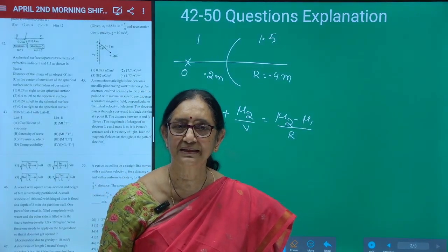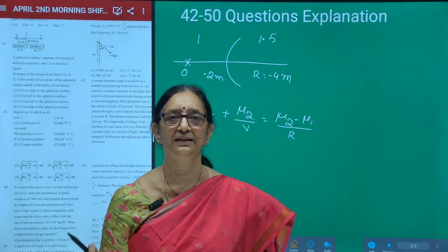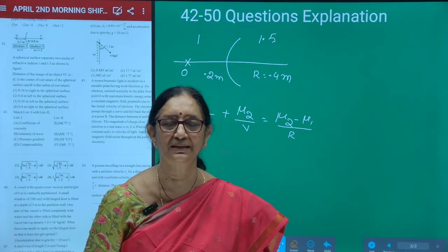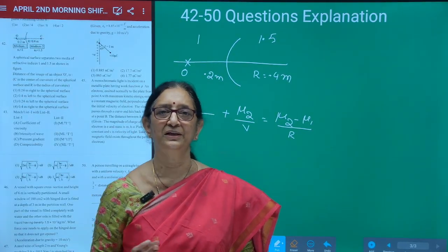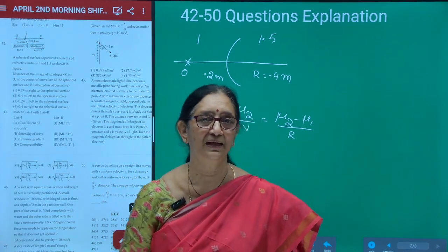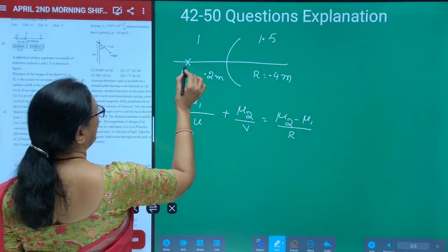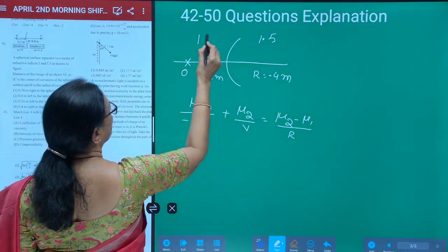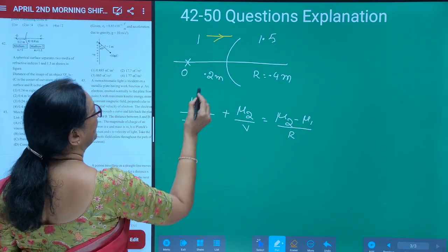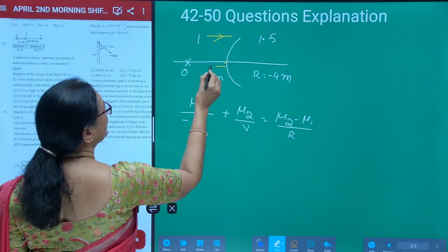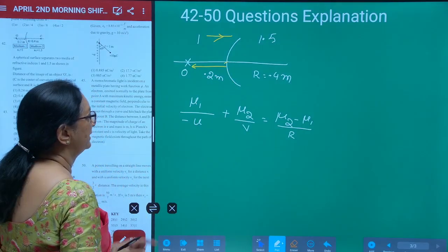All the distances measured in the direction of light ray are taken as positive and distances measured in a direction opposite to the light ray are taken as negative. So, here object is placed here. So, this will be the direction of light ray, but the object distance is measured in this direction.